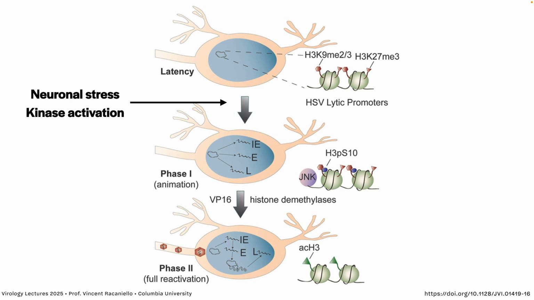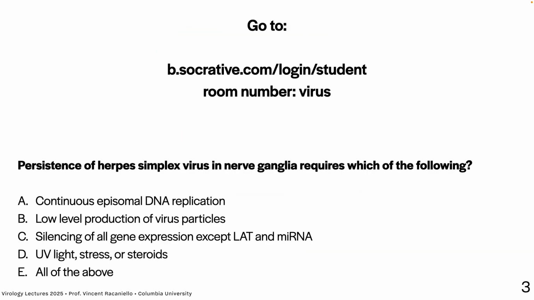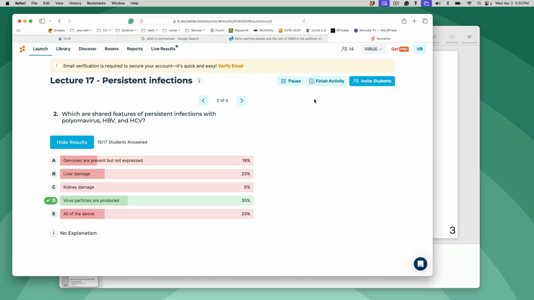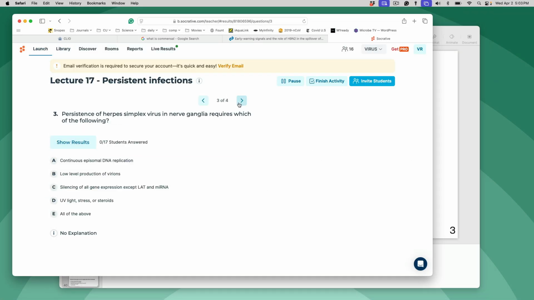So that solves the conundrum of how you can get viruses without VP16. Very cool. I'll tell you that we don't have any understanding of this for any of the other herpes viruses. I'm going to tell you, unfortunately. It's very cool. Okay, next question.